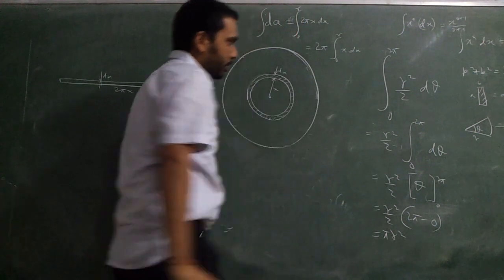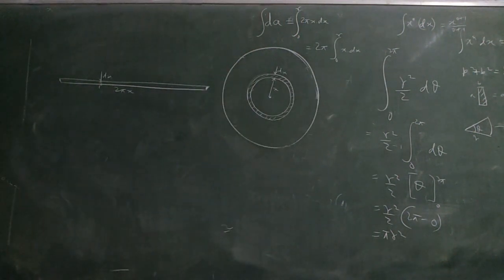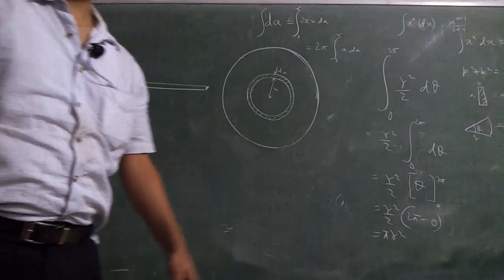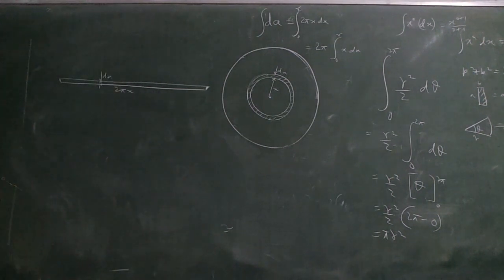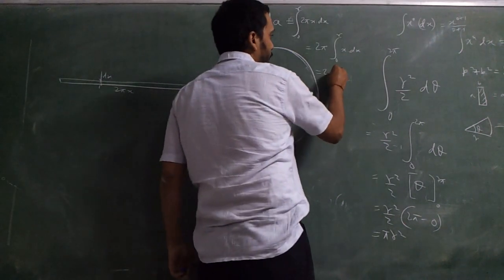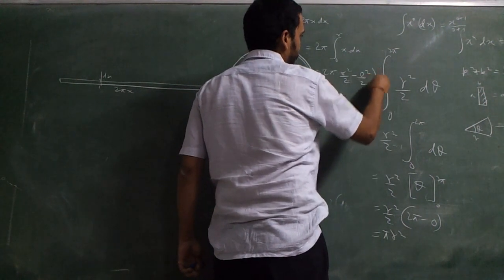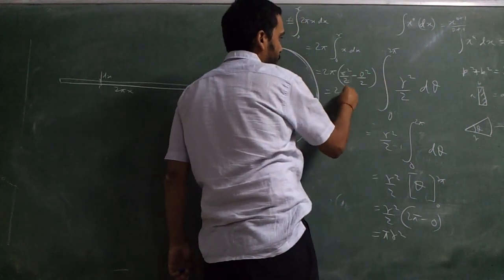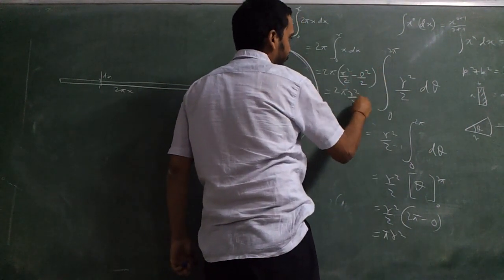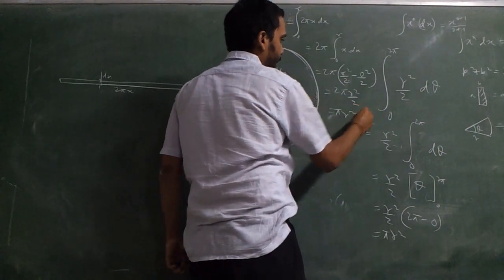X dot dx by the rule is x square by 2. Limits 0 to r. So r square by 2 minus 0 square by 2. So what do you get? 2 pi r square by 2 minus 0 square by 2. So this is 2 pi r square by 2, which is pi r square.